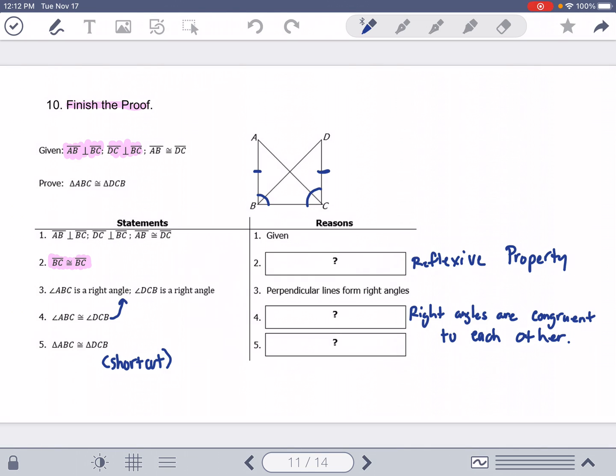And then I have BC being congruent to BC, so I could mark that there. So if I were to separate these triangles into two sketches, I would have this marked. And now this would be a side, an angle, and a side. So my reason is side, angle, side.